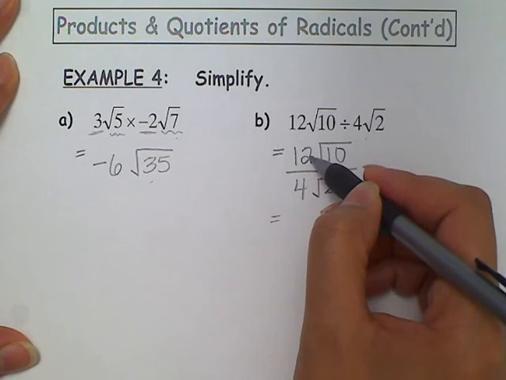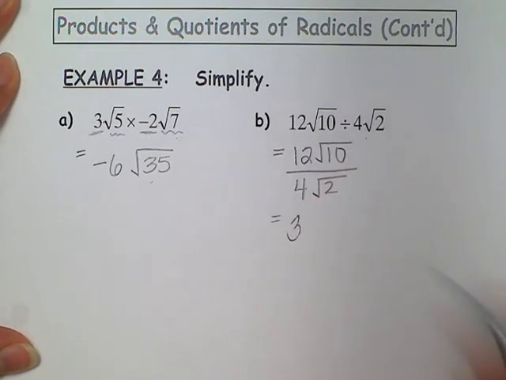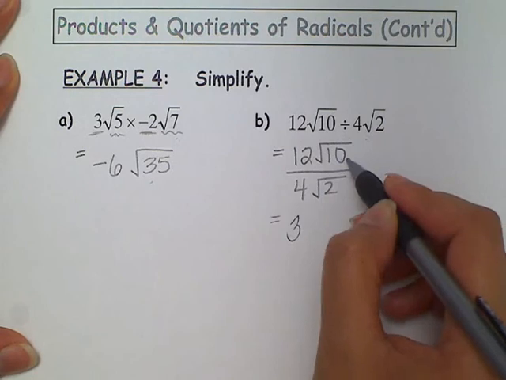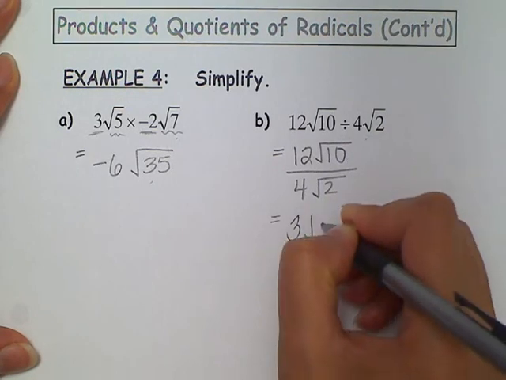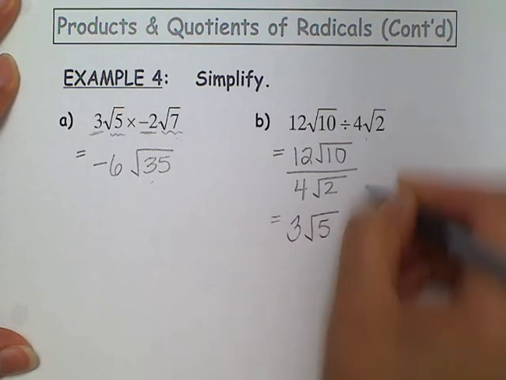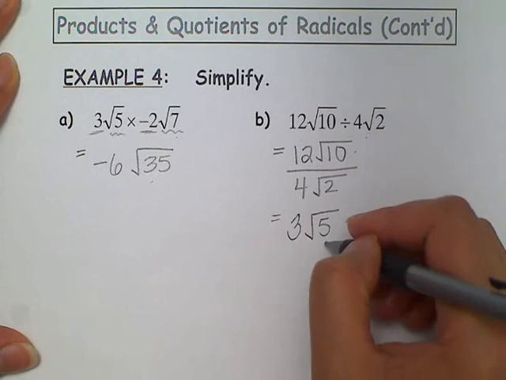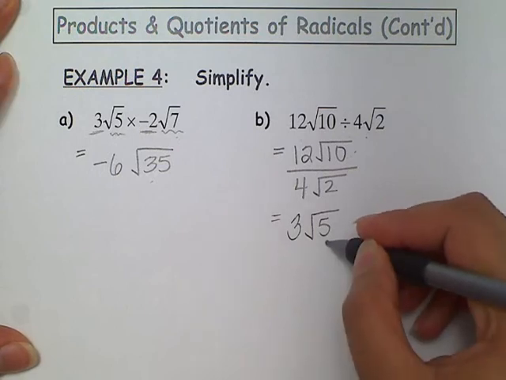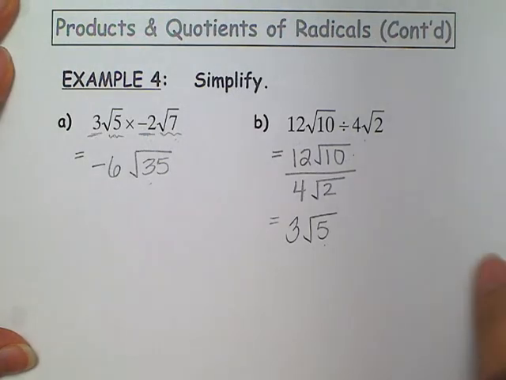And here I can see that I can reduce the 12 and the 4. 12 divided by 4 gives me 3. And again, same idea here. I have the square root of 10 divided by the square root of 2. And I know that can simplify to the square root of 5. Since it's division, I did 10 divided by 2, which gives me 5. And again, I can't reduce the square root of 5 any further, so I know that that's as simplified as it's going to get.